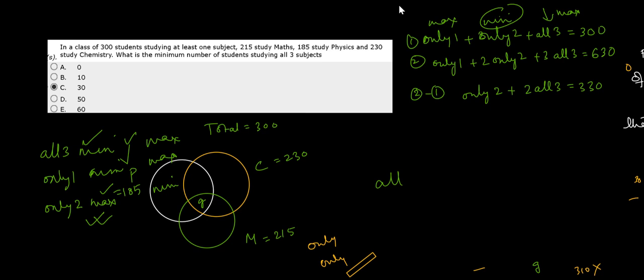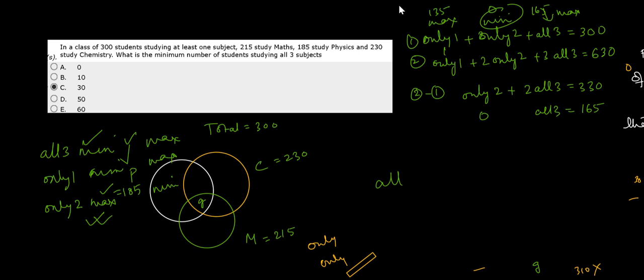What is the minimum value of only 2 possible? 0, right? So twice of all 3 is 330, so all 3 would be 165. Now let me check if this works. 165, this is 0, then this would be 135.